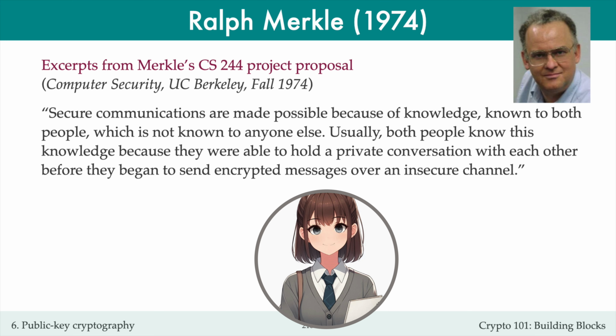Let me read 2 excerpts from Merkle's second draft of his project proposal. Secure communications are made possible because of knowledge known to both people, which is not known to anyone else. Usually both people know this knowledge because they were able to hold a private conversation with each other before they began to send encrypted messages over an unsecured channel.